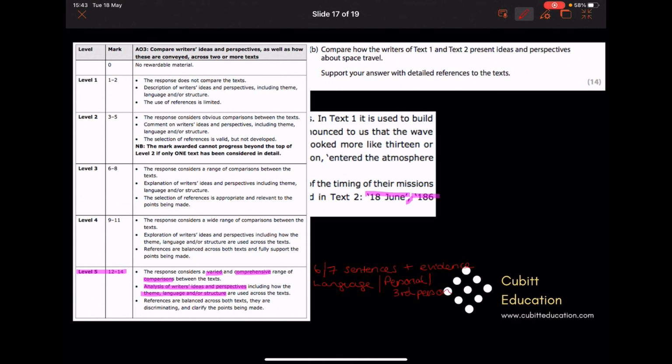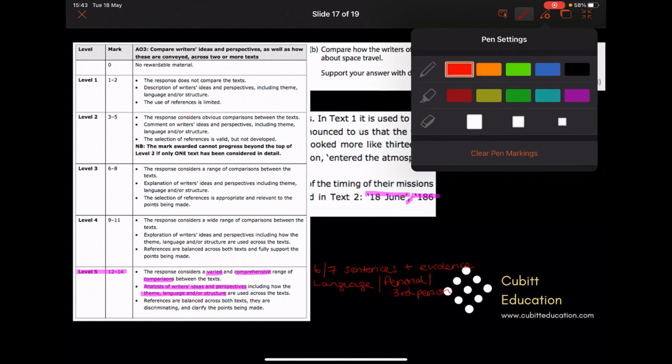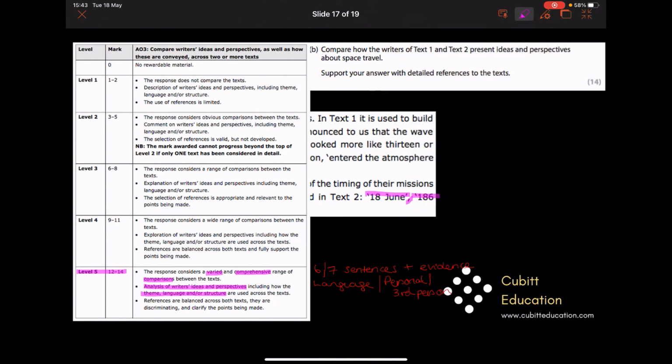Structure, one was written quite fluidly, a bit story-like. The other one was a bit more serious, well, I shouldn't really say serious, account, but it was very, very structured.